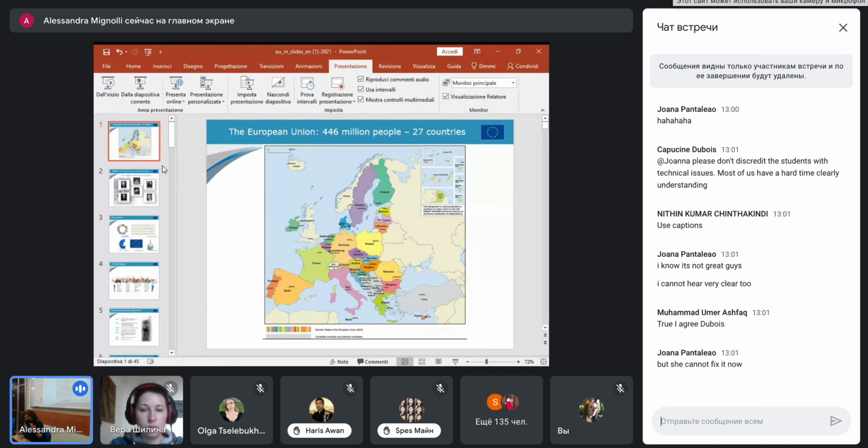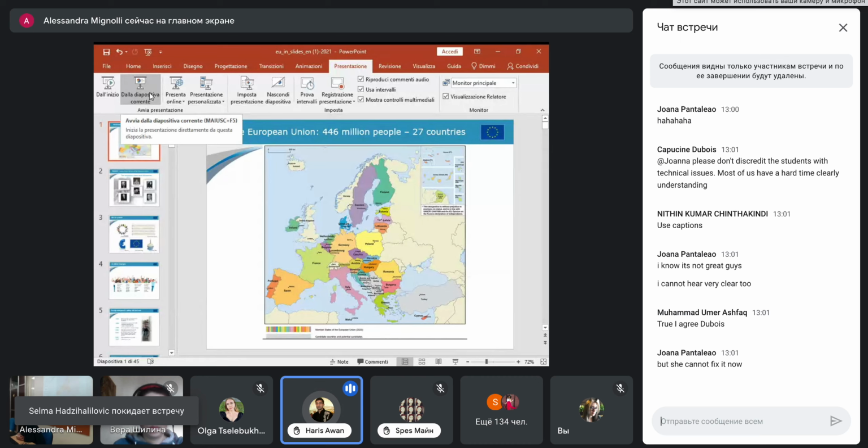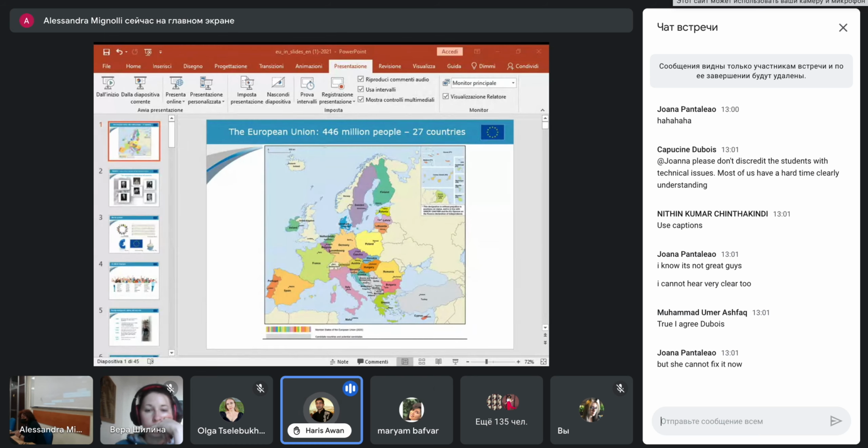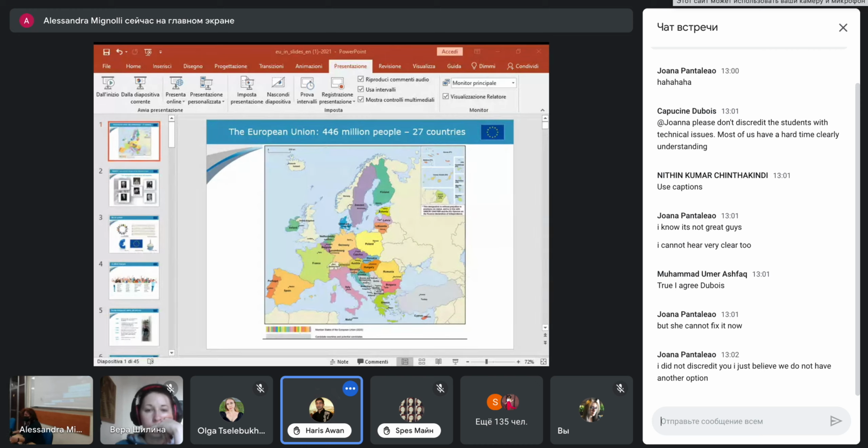I have no headset, I left them at home. A lot of students have already left for this reason. They're not able to hear you properly, because this laptop mic is not working.